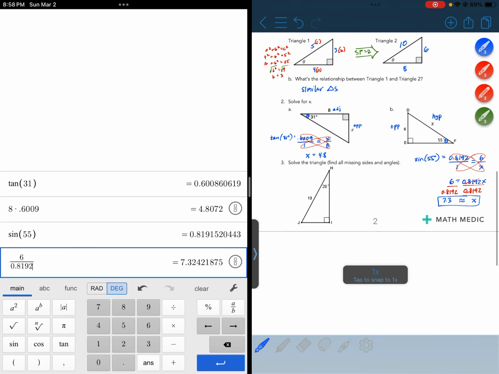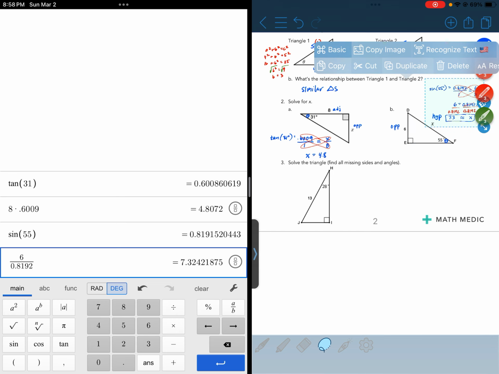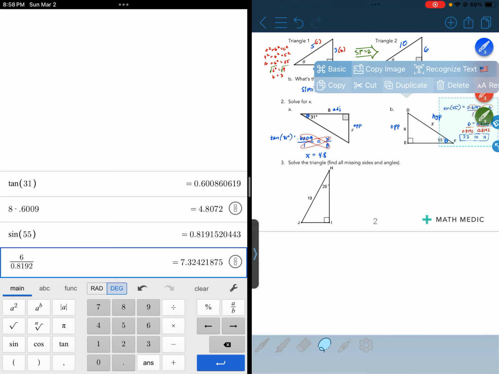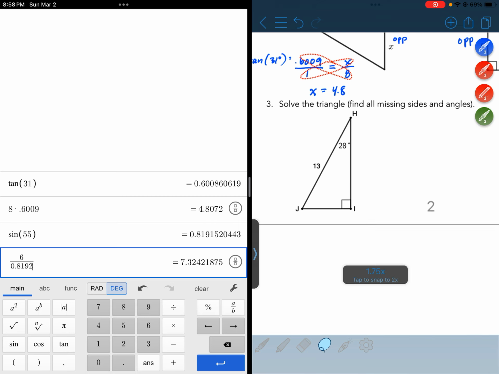Okay, let's move that. Actually, let's resize it, and then we'll move it up over here next to the problem. Our last question says solve the triangle, and that means we need to find all the missing sides and all the missing angles. So a triangle has 3 sides and 3 angles.